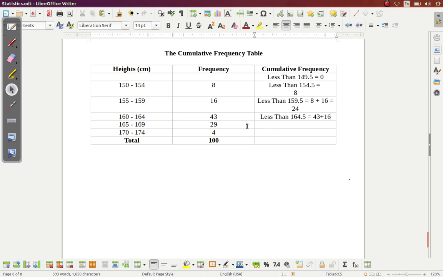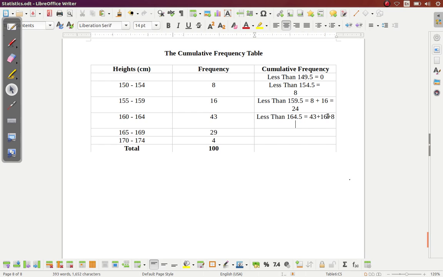They are shorter than 164.5, so you have to include them. Plus these 8, because we're including everybody that measures less than 164.5. So plus the 8.